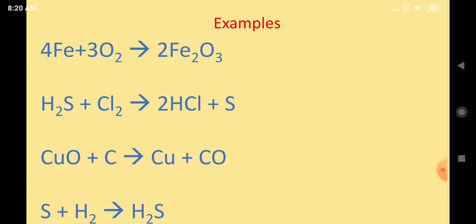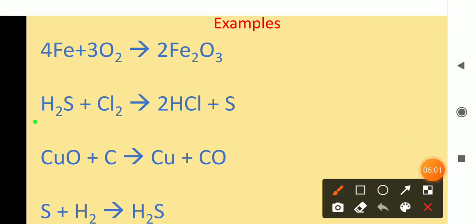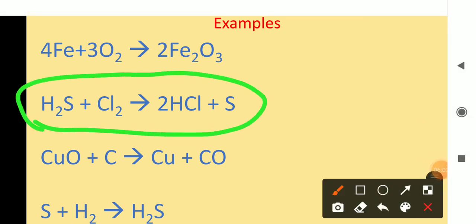Then come to reaction number 2. Here, H2S, hydrogen sulfide, is taken and allowed to react with chlorine. As a result, we get hydrochloric acid, HCl, and the formation of sulfur. If we analyze this reaction, from this H2S, what is removed? Hydrogen is removed.